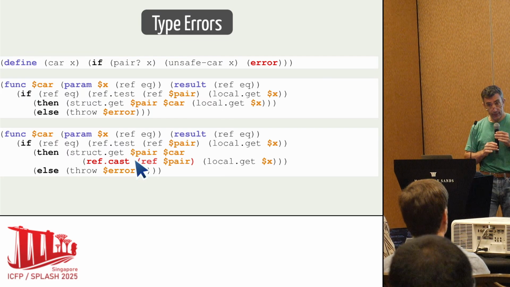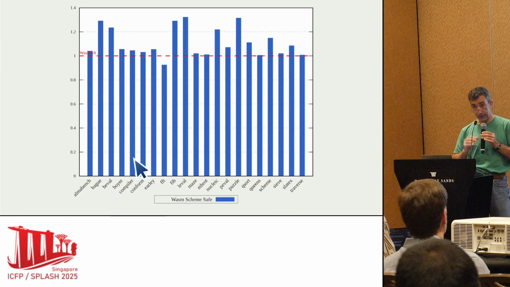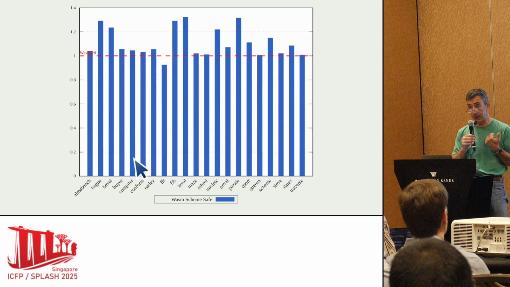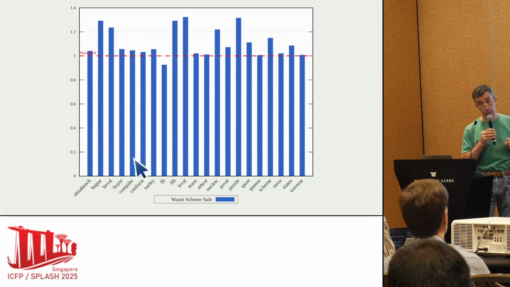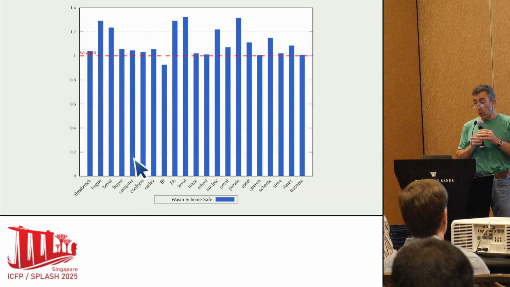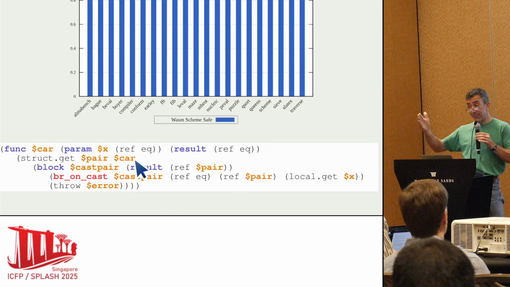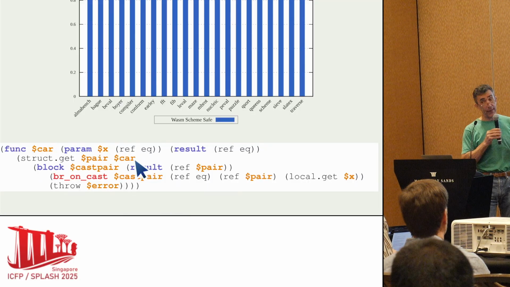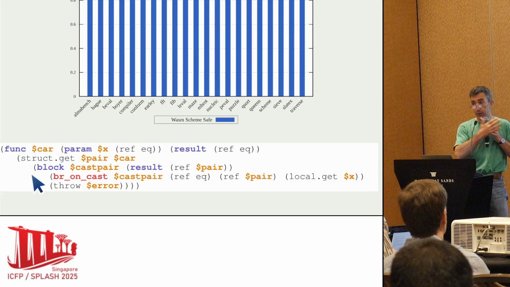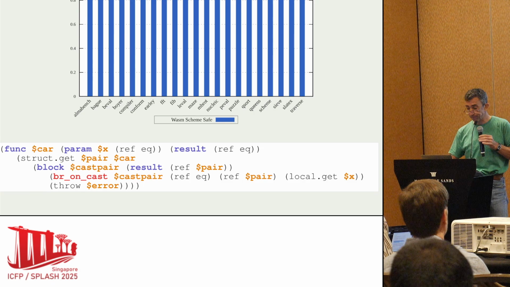We tested the price we pay for this double testing, and here it is: we generate code without any type test introduced explicitly by our compiler, and this is what you observe. So this is a kind of limitation of WebAssembly. There is a technique for getting rid of this double test, which is using branch on cast, that we have not implemented yet, so I cannot report on the benefit, but normally you should be able to get rid of this double checking.